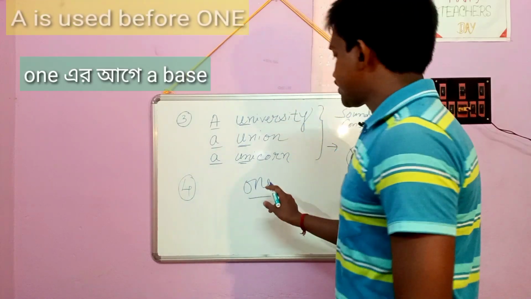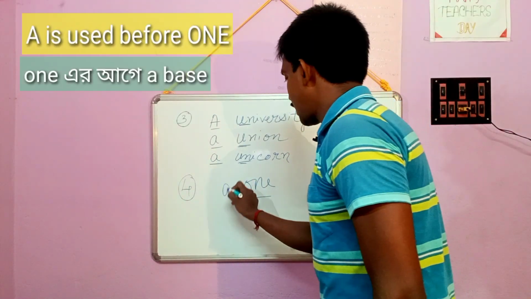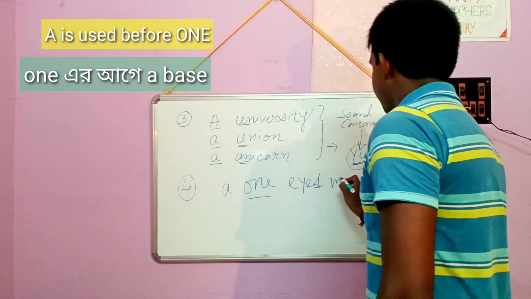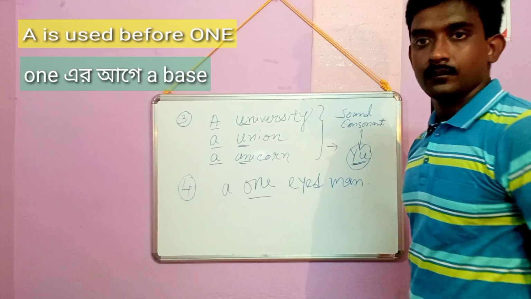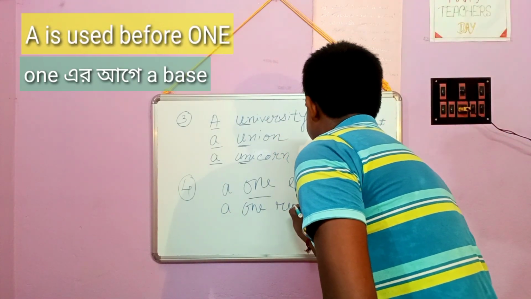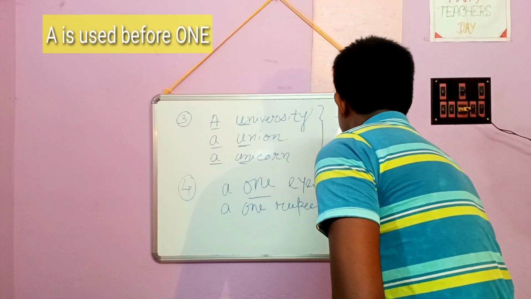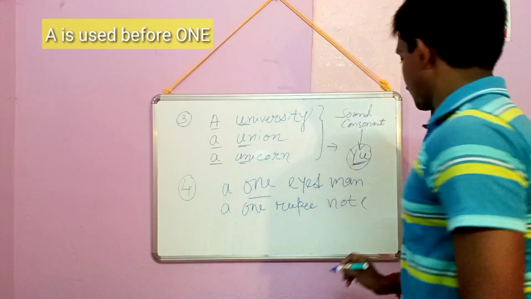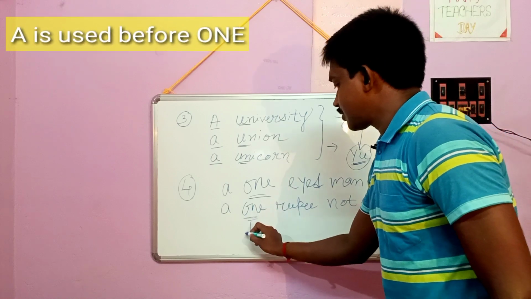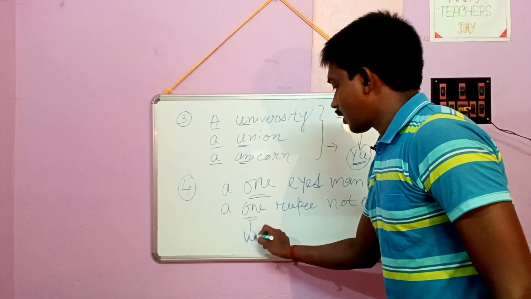This word always takes a before it: a one-eyed man, a one rupee note. It pronounces the consonant sound "wa".